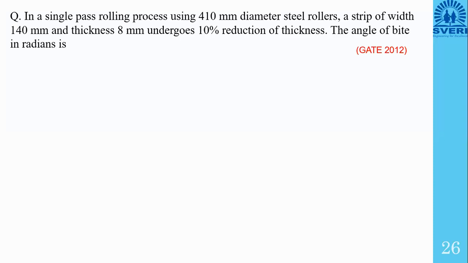So 8's 10% comes to 0.8. Is it right? 8 minus 0.8 is 7.2 mm. So initial thickness Ti is 8 mm, the reduced thickness Tf is 7.2 mm, and the diameter and width are given. We have to calculate the angle of bite in radian. Here it is asked in radian, and these are the options.